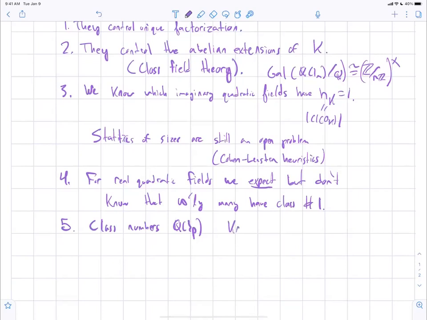It's known that the class number is equal to 1 if and only if p is less than or equal to 19, where p is prime. And there are reasons that they get pretty big pretty quickly.